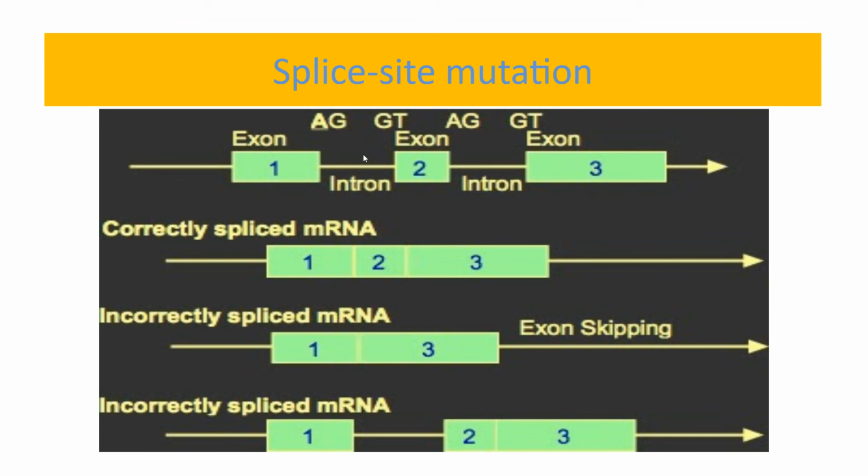We have our exons, introns, exon, etc. A correctly spliced mRNA is where you get rid of these introns and you just have the exons spliced together. However, if the mutation occurs, then you can see here one of the exons, exon number 2, is not being included. Or down here, you can see that we have all our exons, but we also have an intron which has been included. So either of these could result in a protein which doesn't function properly.